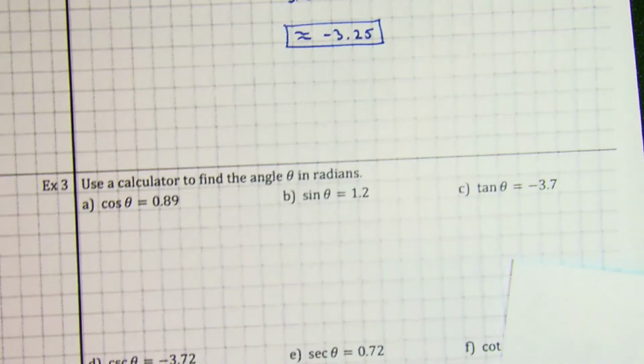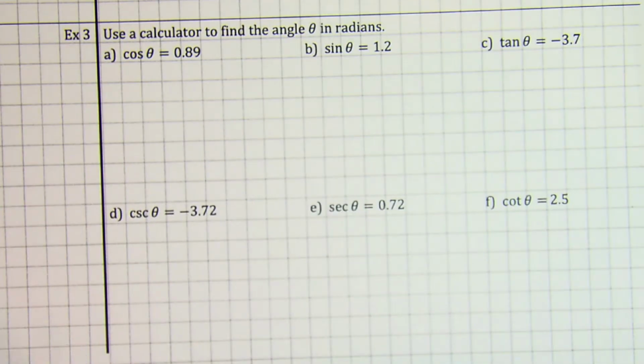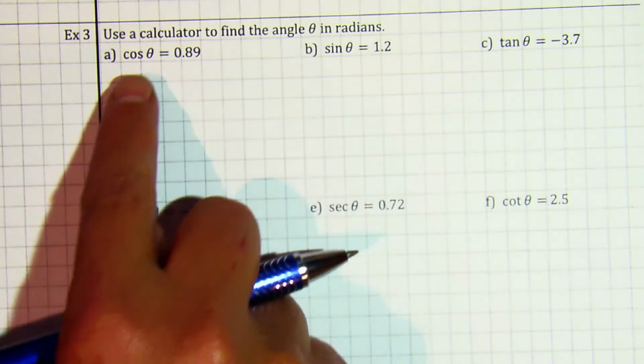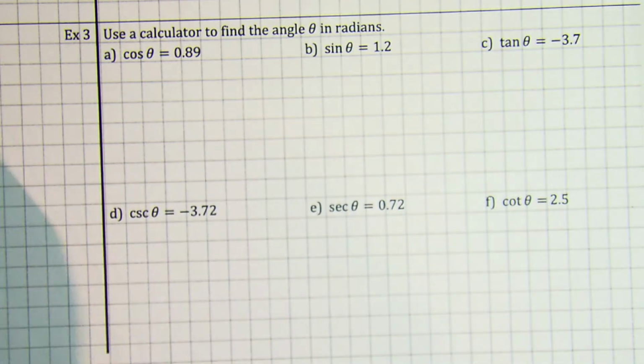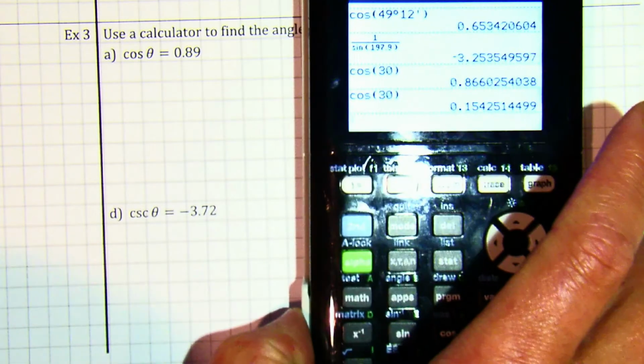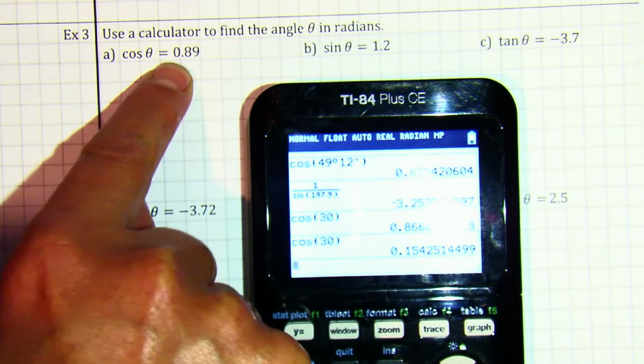And the last example for today: use a calculator to find the angle in radians. So the cosine of theta is equal to 0.89, and I need to find the angle whose cosine is 0.89.